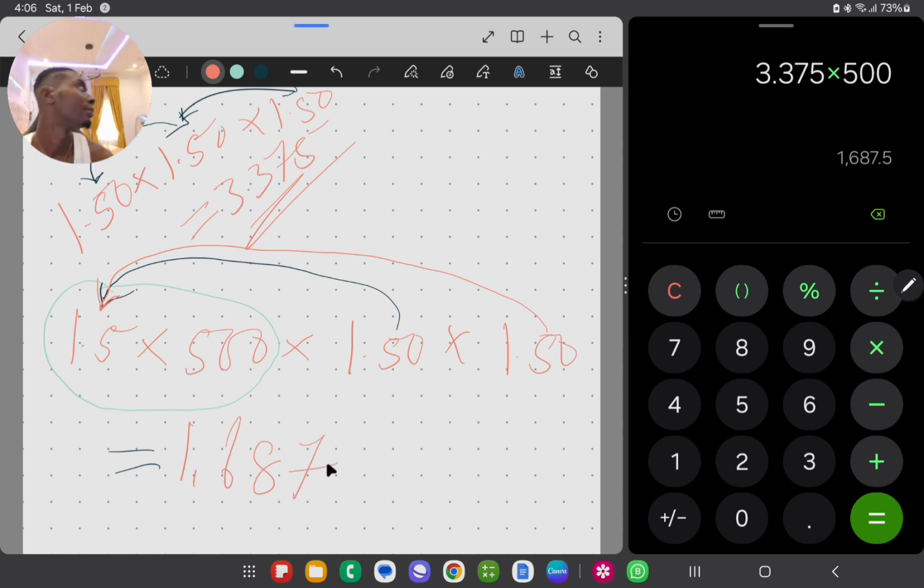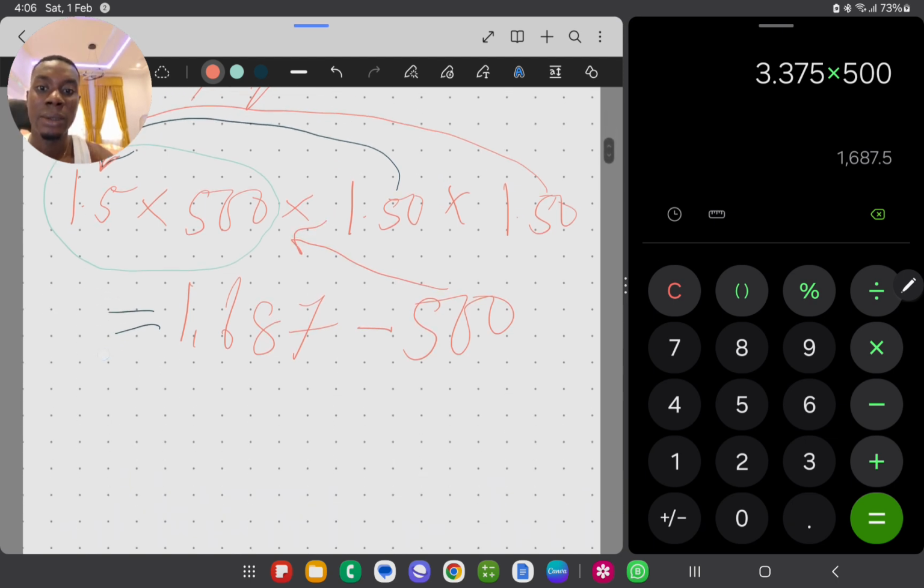All right. Now 1687 minus the 500 naira capital. Remember, this is your capital here. Minus this will give us 1187. This is your profit.